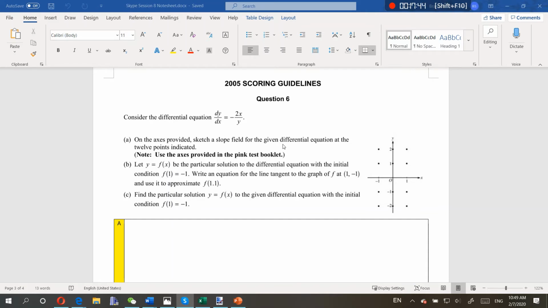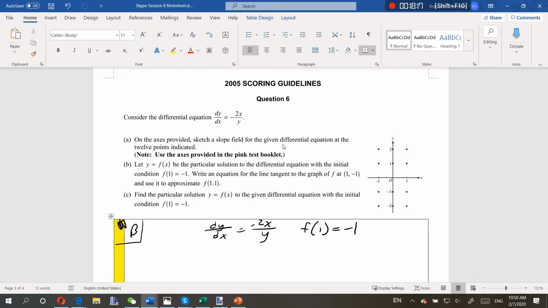I'm going to skip sketching the slope field for now and look for our particular solution, since that's what we talked about today. So I'm actually doing part B. I'm going to do it in part A's slot, just because that'll allow us to see the equations. So I have dy over dx is equal to negative 2x over y. And we were told that f of 1 is negative 1.